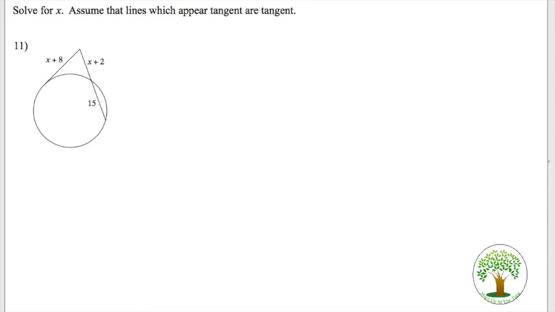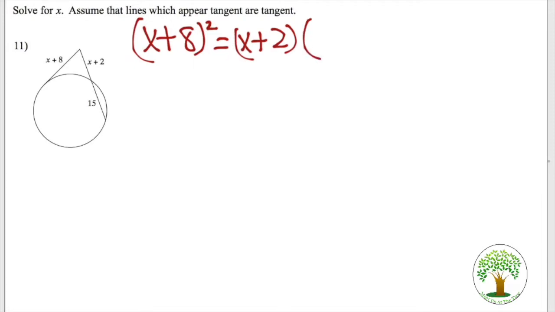So we're going to have x plus 8 squared. Then I will have the outside times the whole. So let's try that. This is x plus 2 times x plus 2 plus 15.